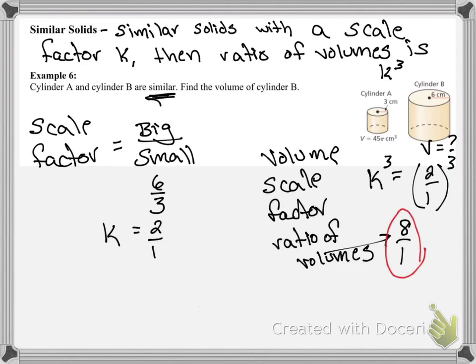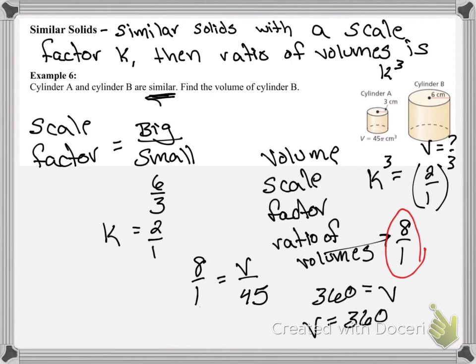We're trying to find the volume of the big one, but I know the volume of the small one is 45. So there I have my equation: 8 over 1 equals V over 45. Now if we cross multiply, 8 times 45 is 360, and 1 times V, so 360 equals 1 times V. The volume of the big one would have to be 360 cubic centimeters.